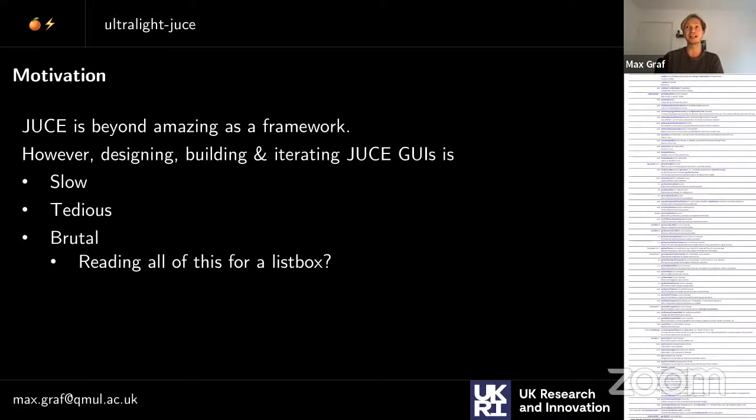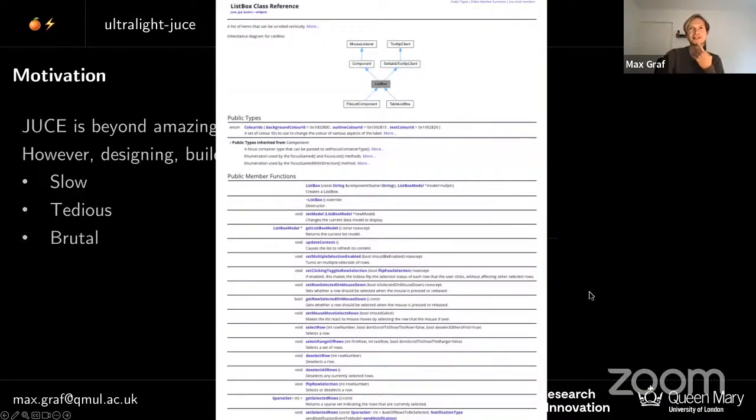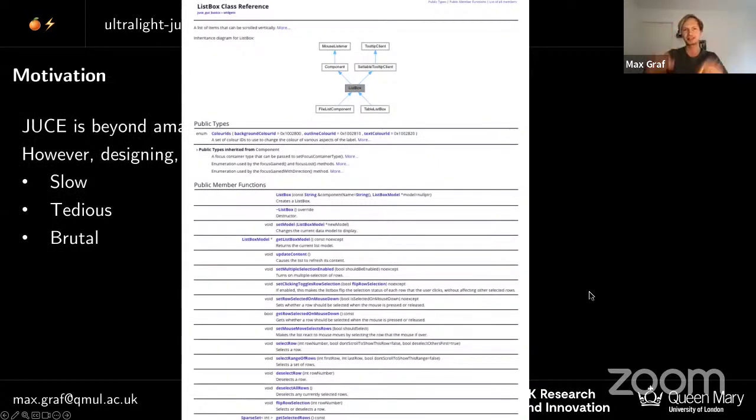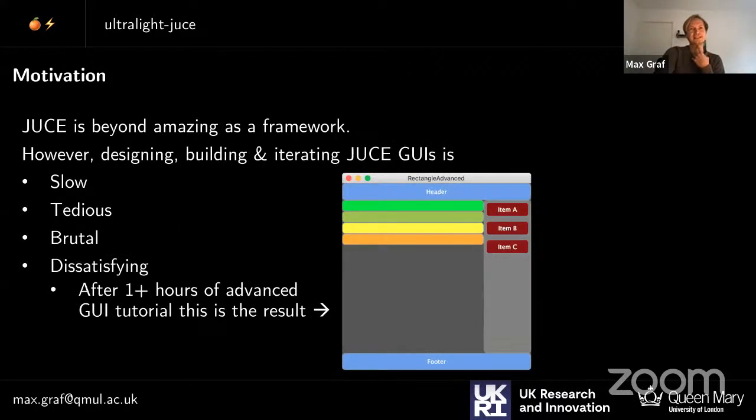You need to read a lot of documentation, which can be a good or a bad thing. I think it's both, but on the right, you can see the screenshot of the list box element in JUCE, which has probably about 30, 40 functions for having a simple component that renders a couple of pieces of text or whatever. And it's dissatisfying.